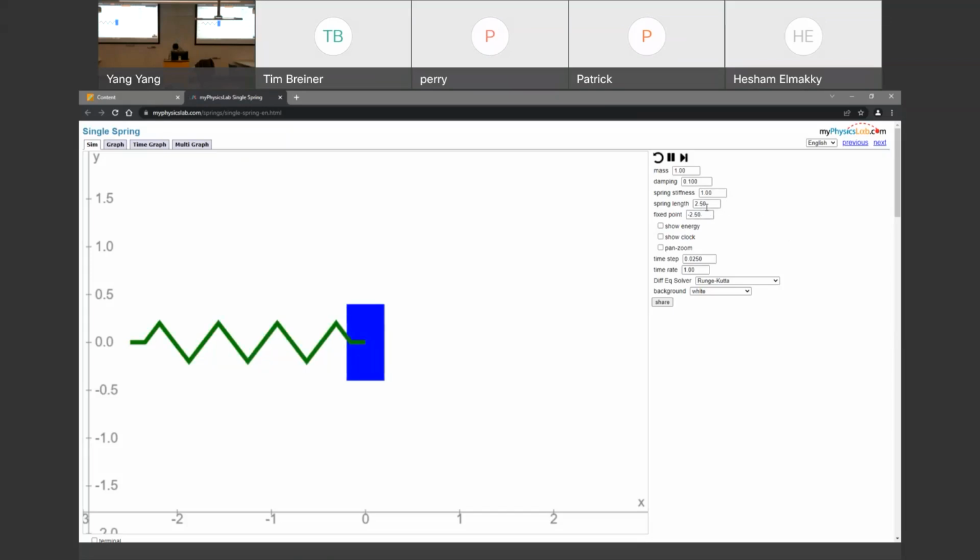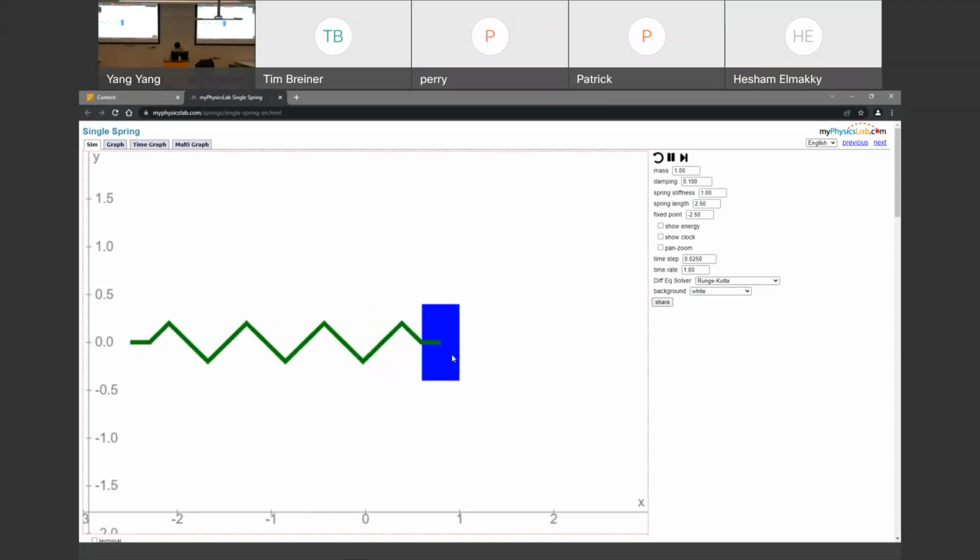And then we keep the damping ratio here. Let's talk about the underdamped system, with a damping ratio smaller than 1. How about a damping ratio equal to 0.1? So let's see what we have here.